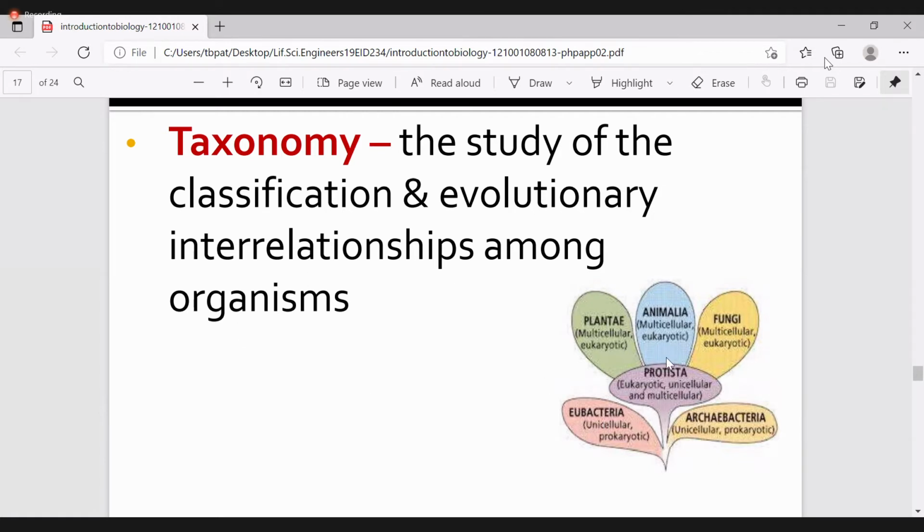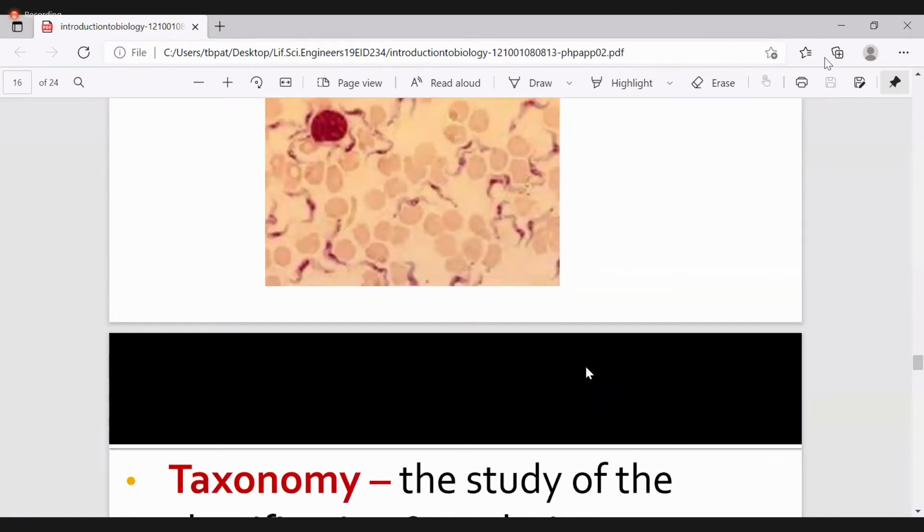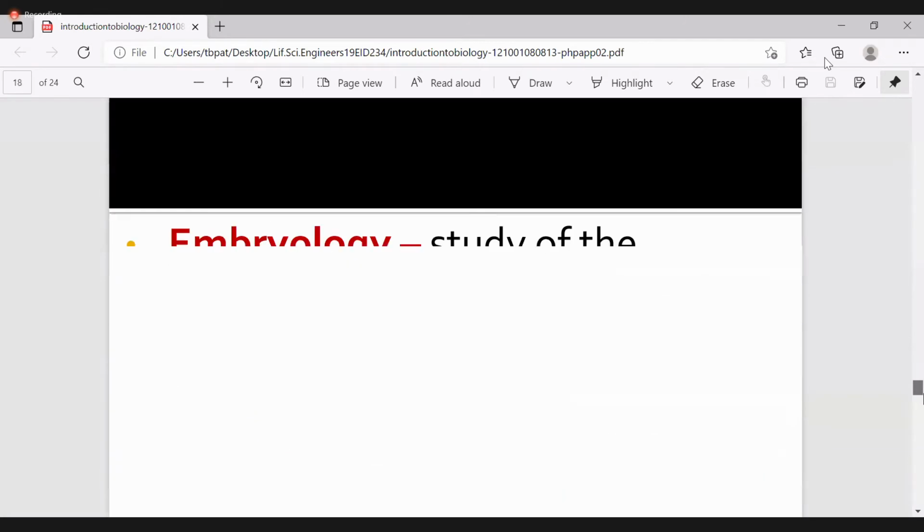This classification will be learned in a deeper sense. But first and foremost, remember that taxonomy is the study of the classification and evolutionary interrelationships among organisms. Okay, these are all the different studies.